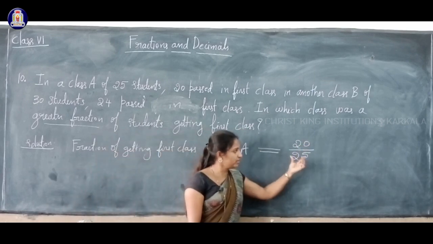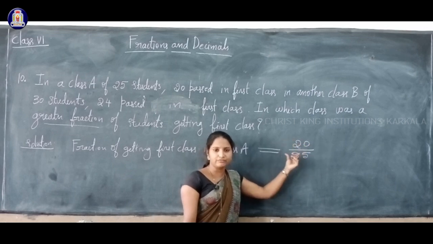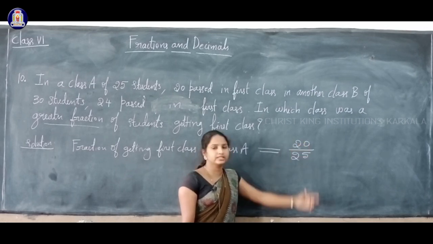Out of 25, only 20 students, so 25 is written in the denominator and 20 in the numerator.